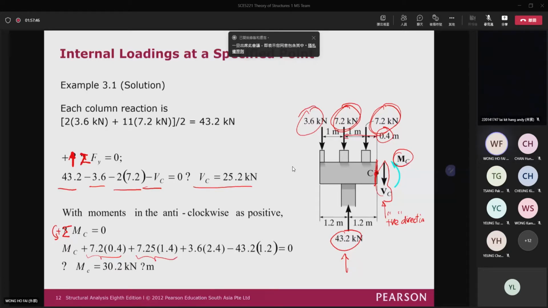Then you have 3.6 times the moment arm 2.4 as the third moment. And don't forget this 43.2 times the moment arm 1.2, which is clockwise, so it is a negative moment. Then you just add them together, and you can find that the moment is equal to 30.2 kNm.